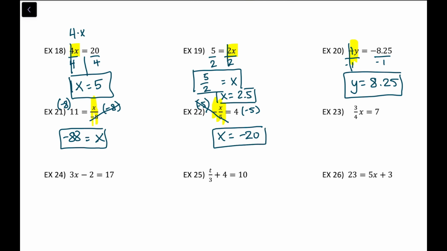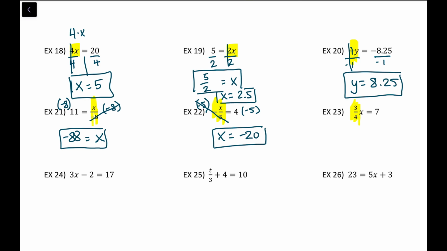Now, number 23 could be the beginning of what we would call two-step equations. Because of the fraction out there, we can do this a couple of different ways. But since you have a calculator at this point, we can do this pretty much the same way we did 18, 19, and 20, because the x has a fraction attached to it.